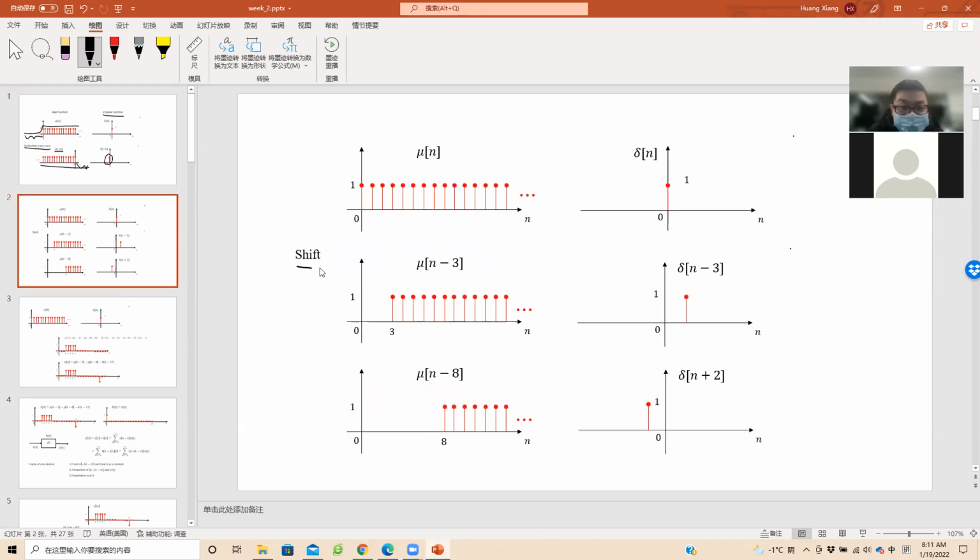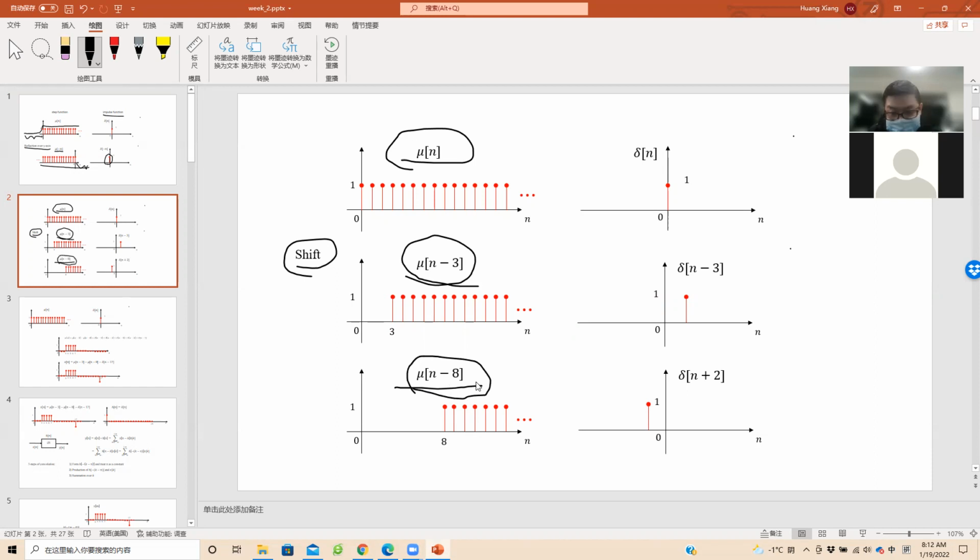The second operation is the shift. If you want to shift the step function u of n to the right by 3 units, you can define your signal as u of n minus 3. If you want to shift your step function to the right by 8 units, you can define it as u of n minus 8.